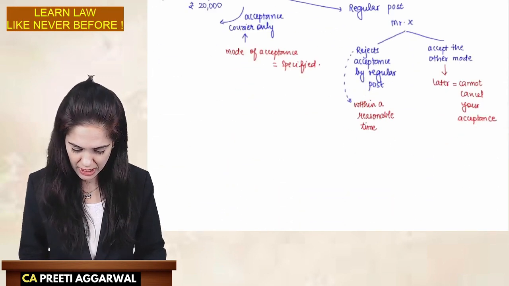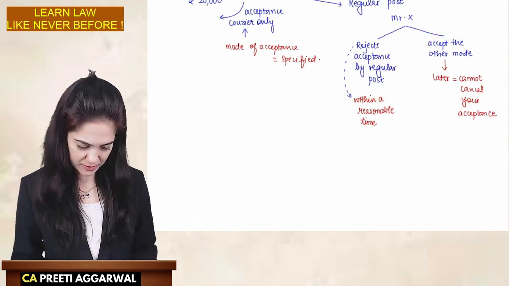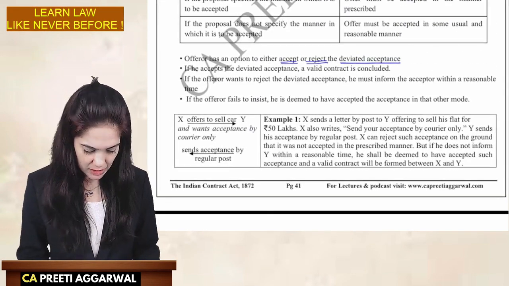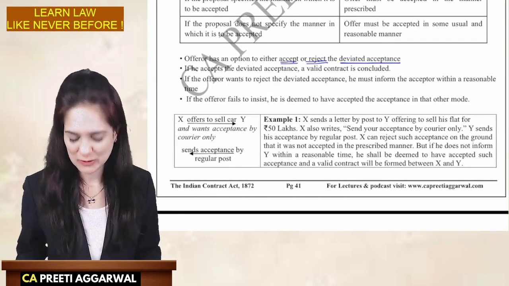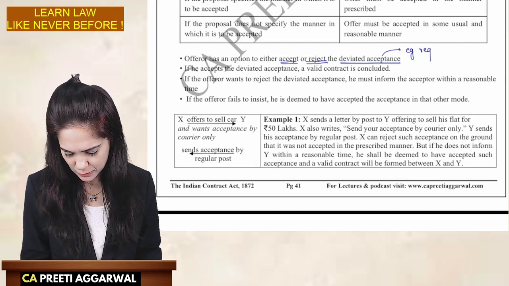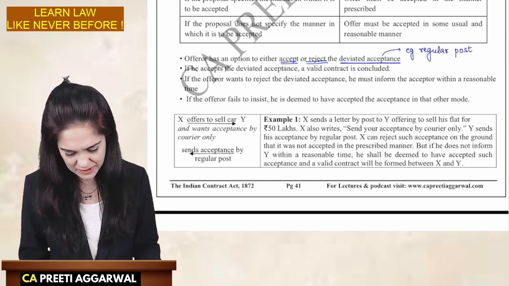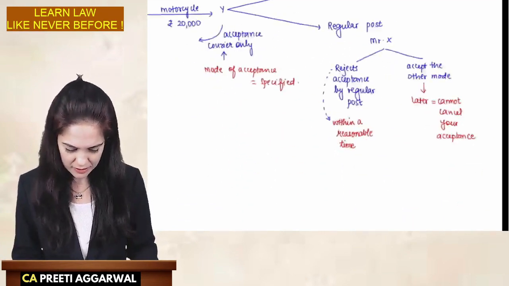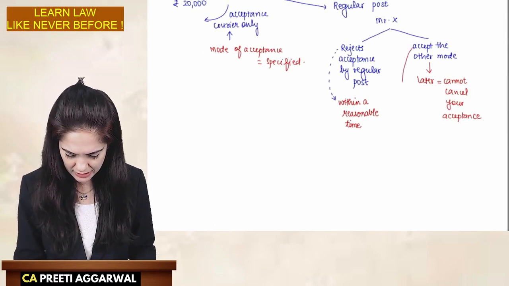If he accepts the deviated acceptance, in my example it is regular post, so it will be easy for you to relate, then a valid contract is concluded. So he accepts, and you can say it's a valid contract.